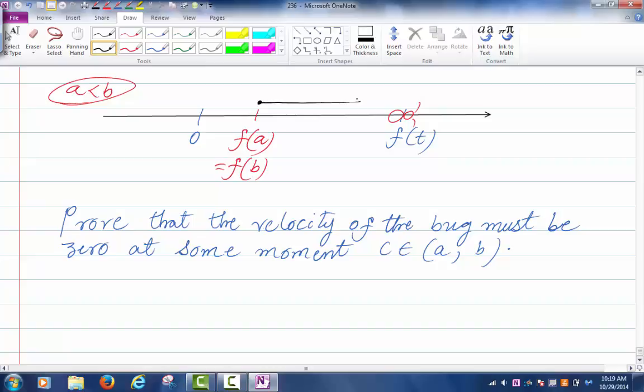Let's say it goes to the right, but then at time b it's got to come back to the same point. So maybe it goes like this, and it can backtrack, and it could backtrack again. I don't know how many times, but eventually it's got to come back to the same point, because we are assuming f of a and f of b are the same. Is everybody clear?